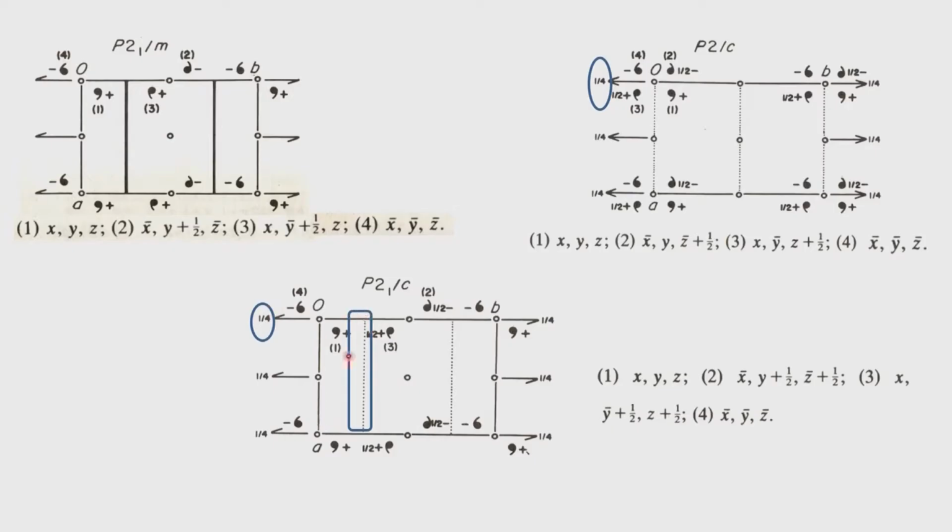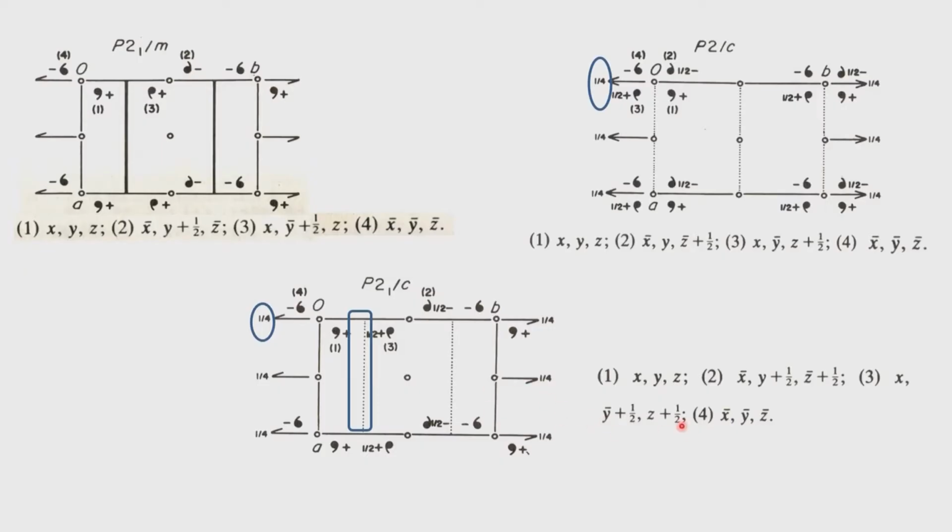So, what happens if you move the C glide by 1/4? The point 1 now has to generate point 3. The point 1 generating the point 3 now will have a mirror and half translation. So, if that was to be at origin, it would have been what? It would have been x, half plus y bar and z.